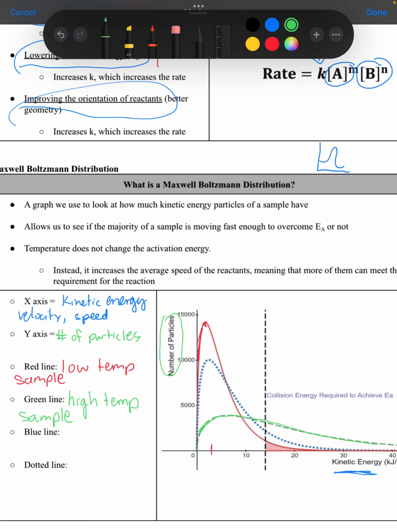What you've done when you increase the temperature of a sample is you've increased the average particle speed. So we have more particles in this green line that are moving faster versus our red line that had most of them moving slower. And then our blue line, which is made up of those little dots, that's just kind of a medium temperature.